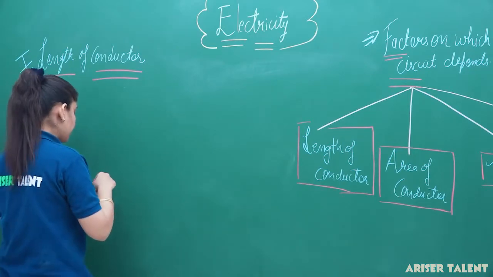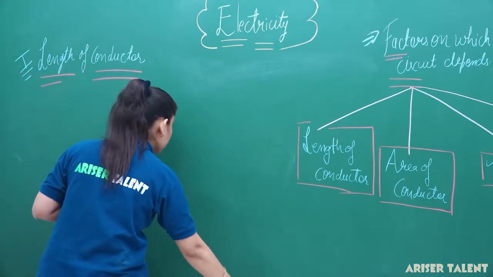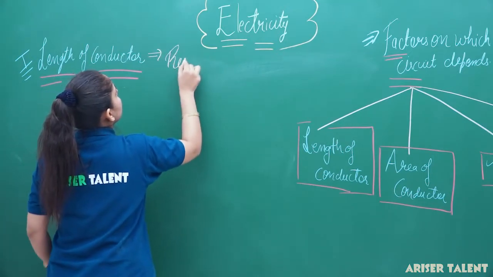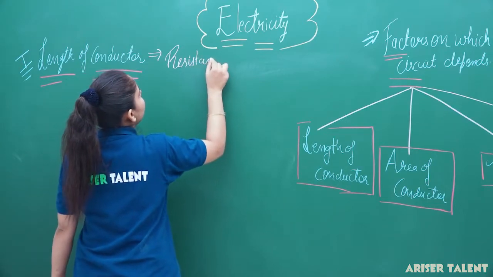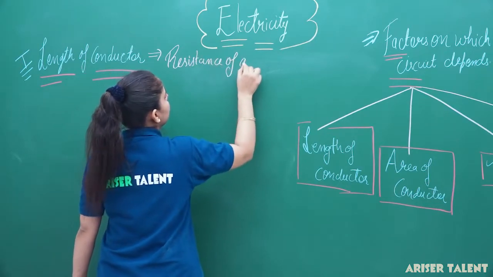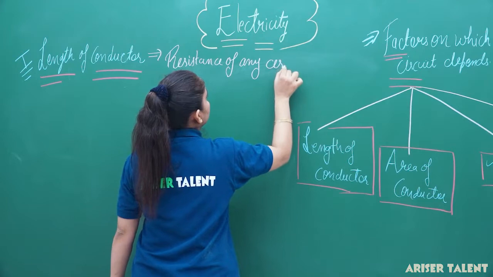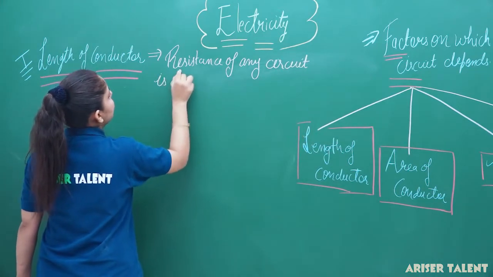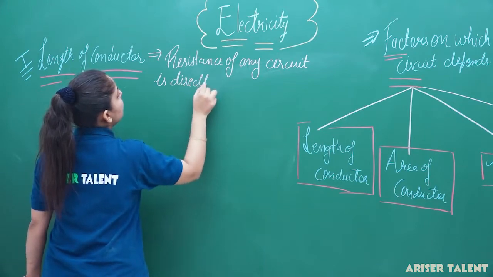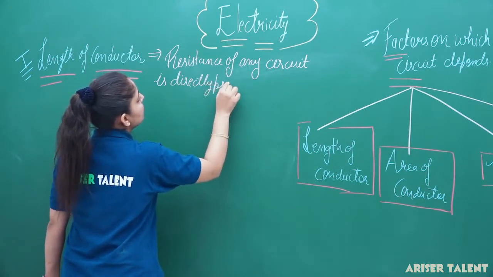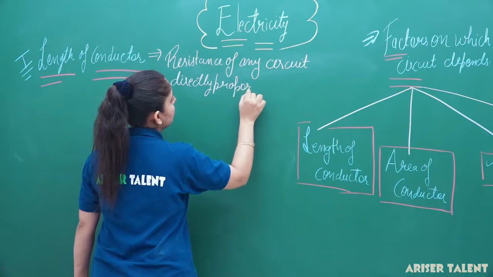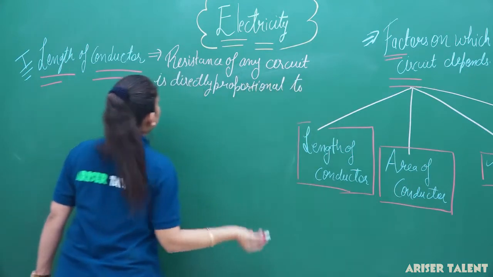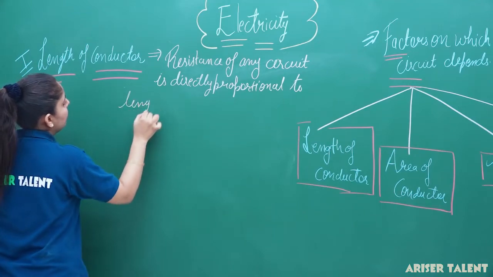So resistance of any circuit is directly proportional to length of any wire or conductor we have.